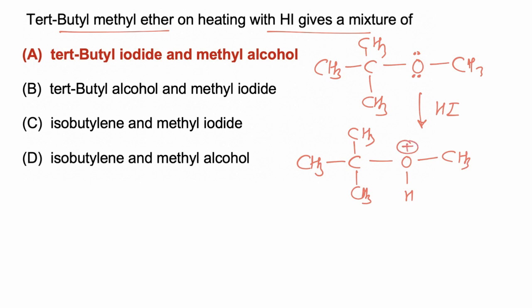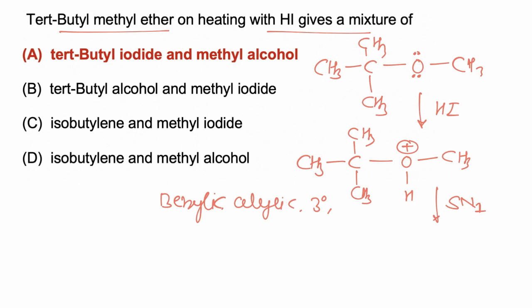Now if out of two alkyl radicals, any radical forms a 3 degree, allylic or benzylic radical, then the reaction takes place via SN1 mechanism.